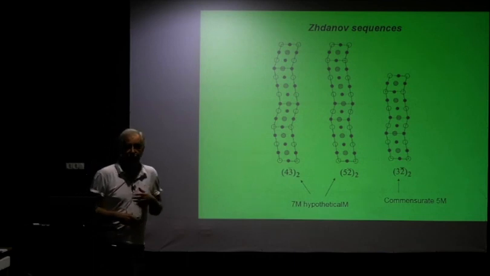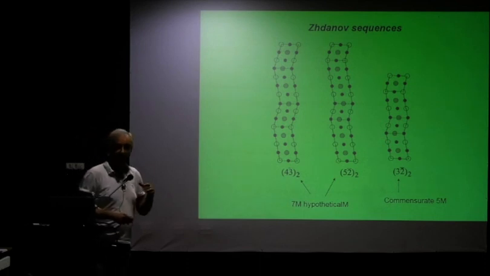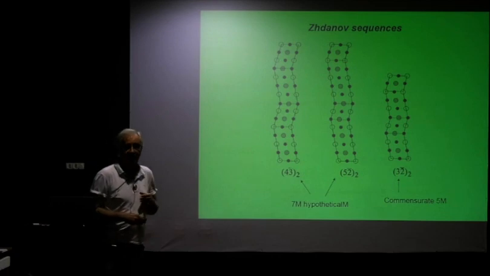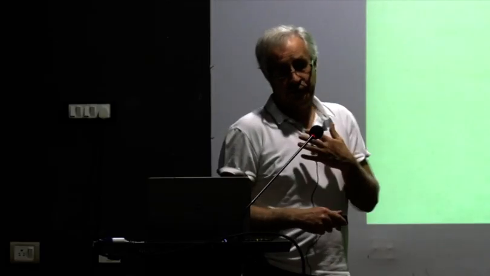So 7M is a little tricky in that sense. If we go to the commensurate case of the 5M, we have this kind of representation where we have 3 and then 2, 3 and then 2. As this number gets larger, then you have other combinations coming up.